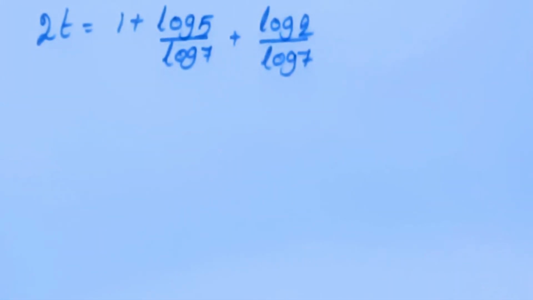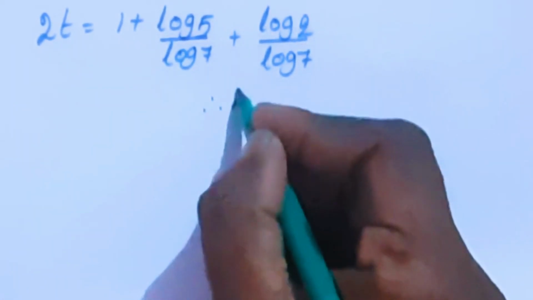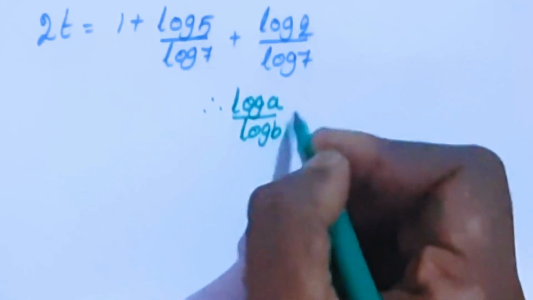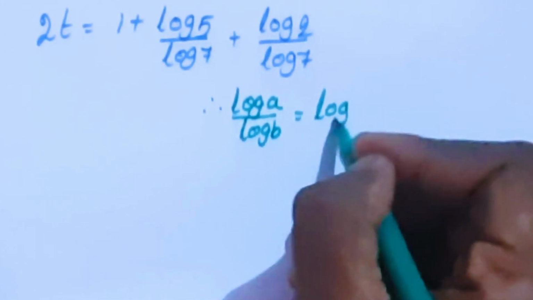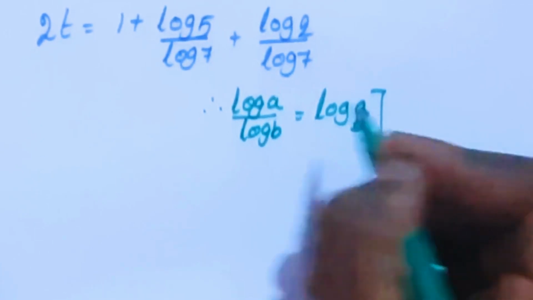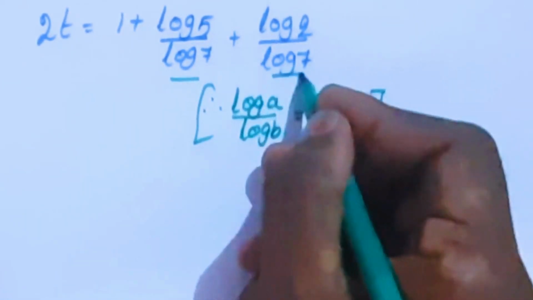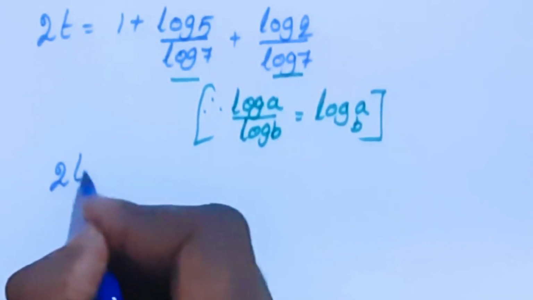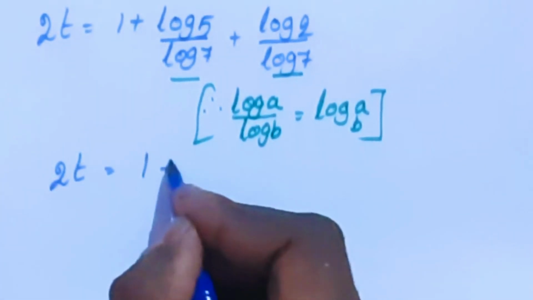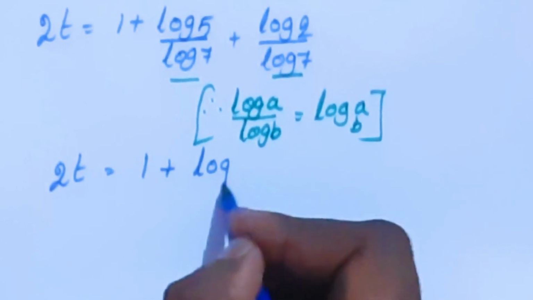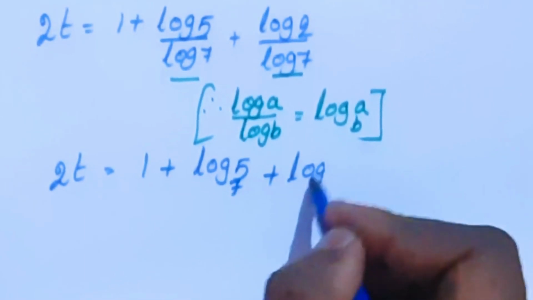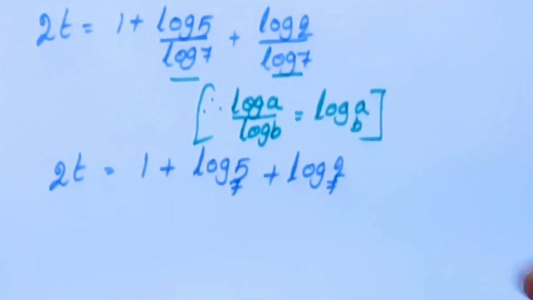Now this can be written as log a by log b equals log a base b. This formula we are going to apply here and here. So we'll get 2t equals 1 plus log 5 base 7 plus log 2 base 7.